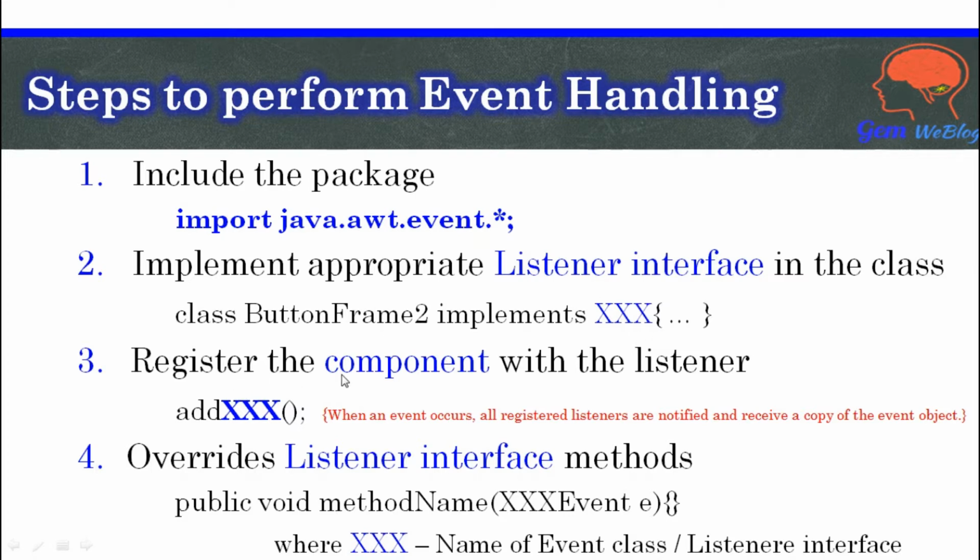Then you have to register the component with the listener using add followed by the listener name. So whenever the event occurs, the registered listener will be notified and it will receive a copy of the object that caused the event. Next, you have to override all the methods that are available in the listener interface. So these are the four steps to be followed to perform event handling.